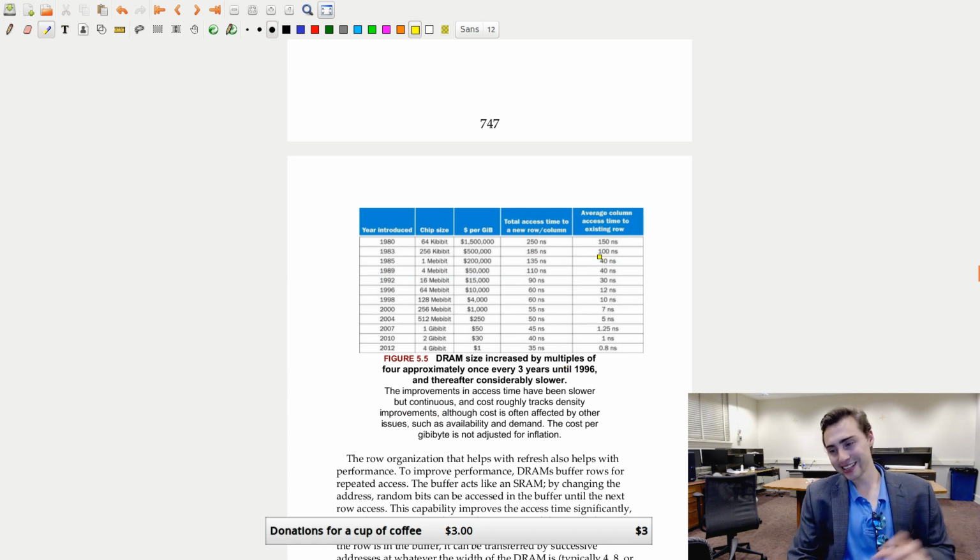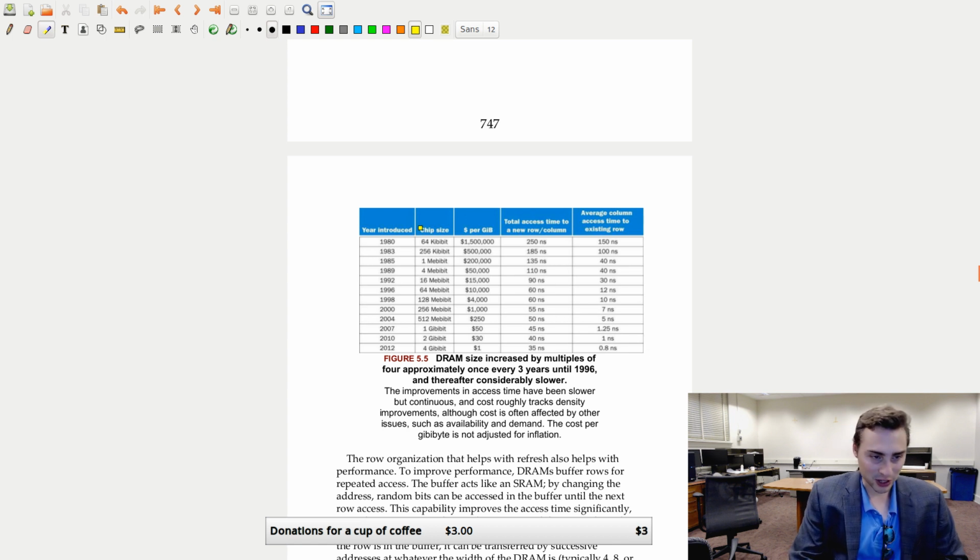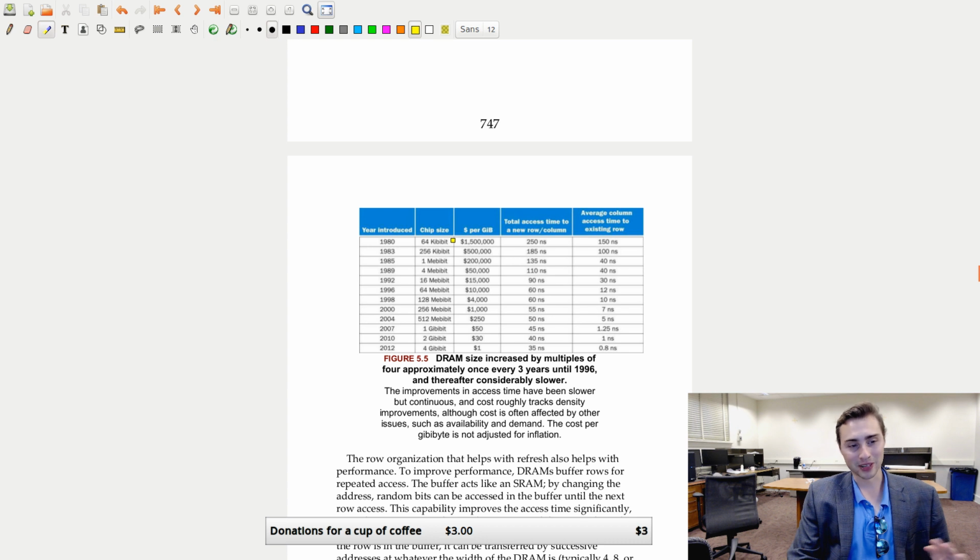So here we can see the idea of Moore's Law again. In 1980, DRAM was around $1.5 million per gigabyte. So if you ever wondered why we had such small values back in the day for DRAM, it's because the cost per gig was like $1.5 million.